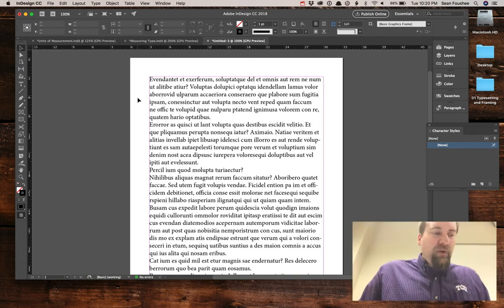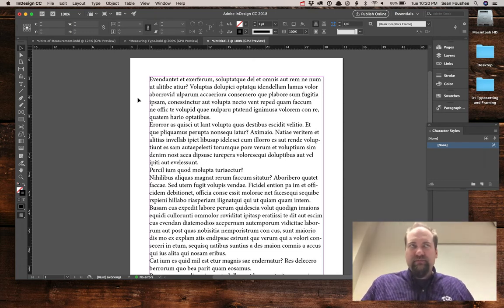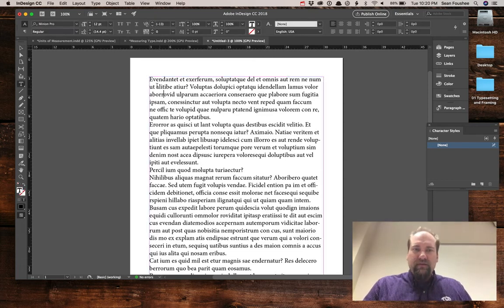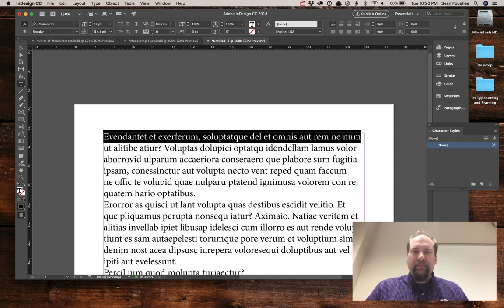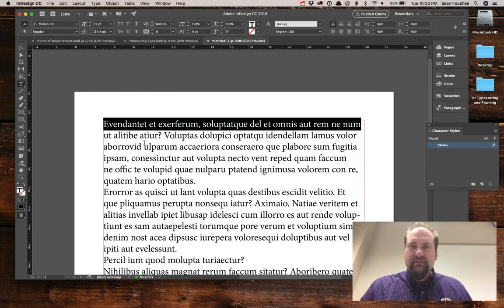Now, how is this calculated? Well, a measure length is calculated by the number of characters in a line. So if we take a look at this first line of text that I have here, which is Latin, I understand, this line of text has a certain number of characters, which, by the way, punctuation and even spaces count as a character.